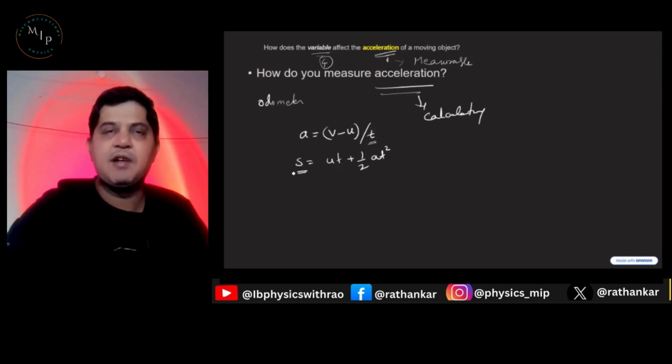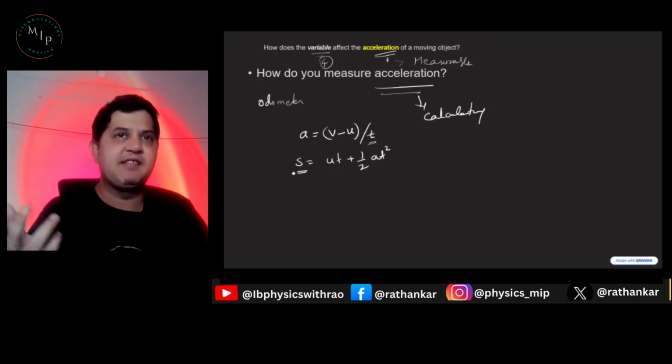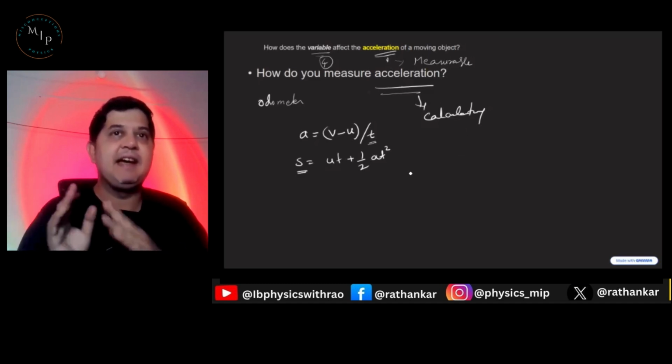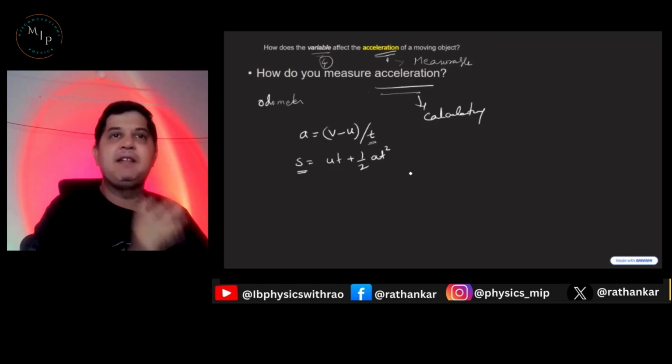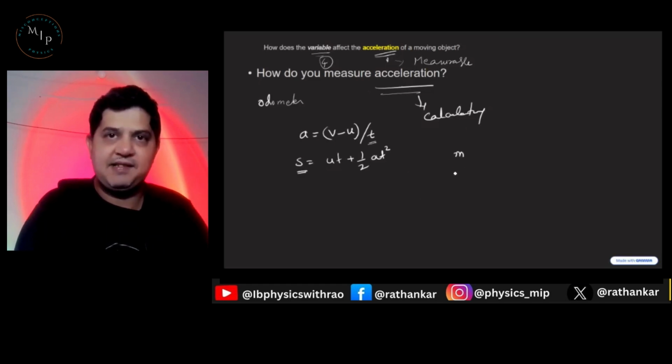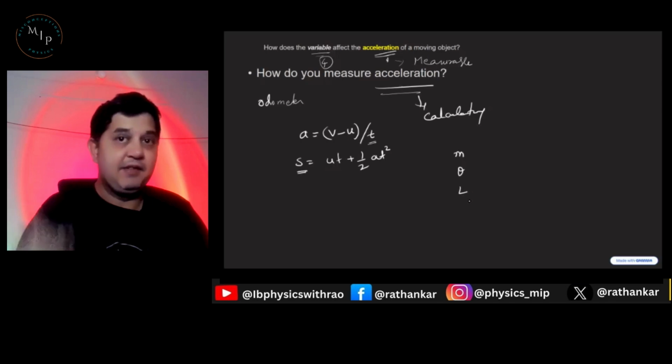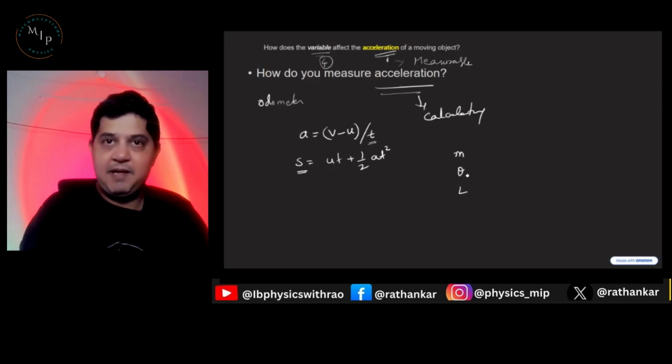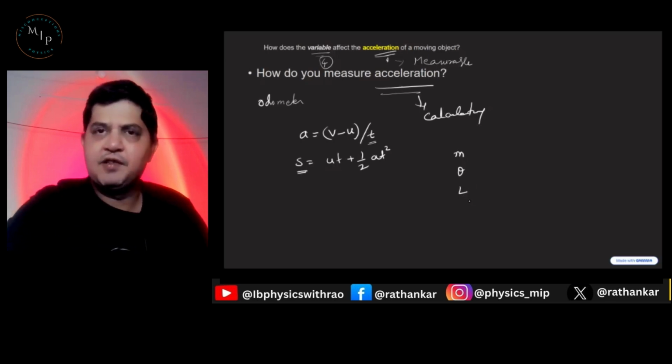But now let us see what the methods are to calculate the acceleration. So still I have in mind that I am going to calculate the acceleration. And how does the acceleration depend upon the variables that I have chosen? The variables that I have chosen are mass, angle theta, the length of the incline L. This is an inclined plane, mass over here, length of the plane L. What's the other variable?